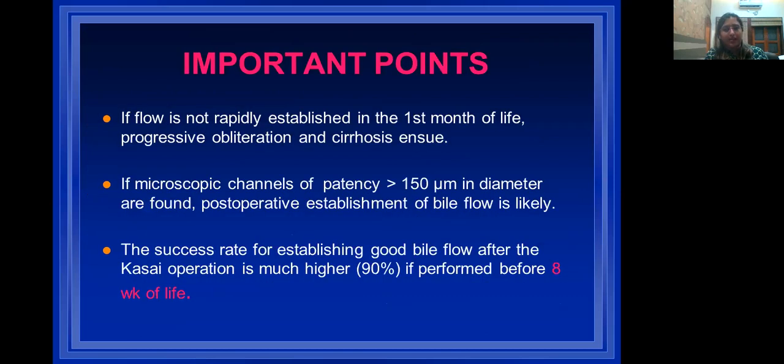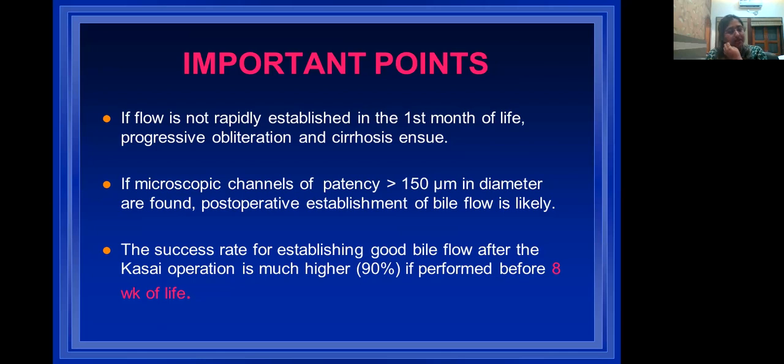So important points are that if the flow is not rapidly established in the first month of life, progressive obliteration and cirrhosis ensue. If microscopic channels of patency more than 150 microns in diameter are found, the postoperative establishment of flow is likely. And the success rate for establishing a good bile flow after the Kasai operation is much higher if performed before 8 weeks of life.